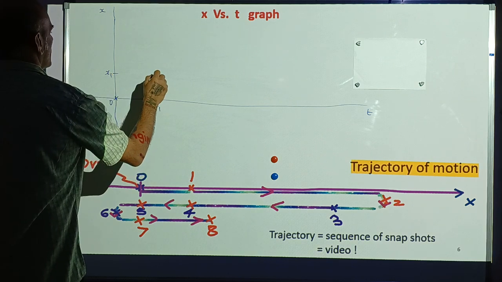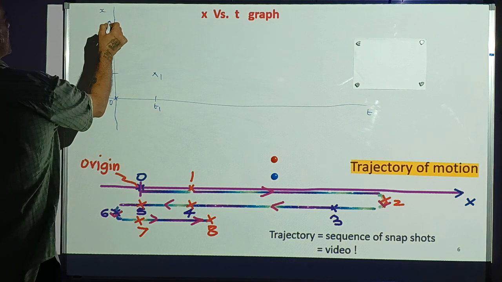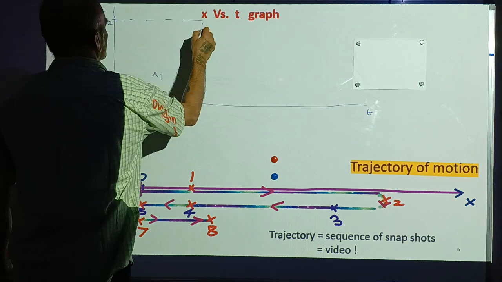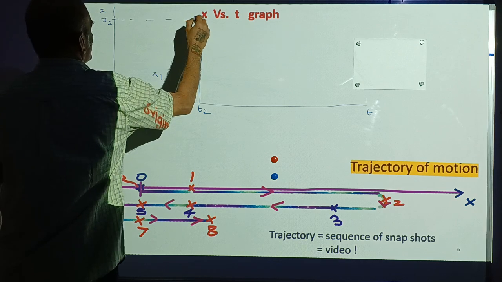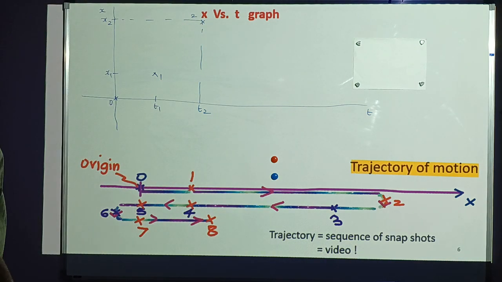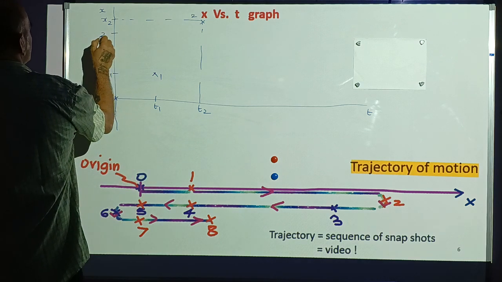So this is at instant 1. At time t2, it has reached the maximum x position. So this is x2, at time t2. So this is the second point. At time t3, it has turned back and x has reduced to x3.